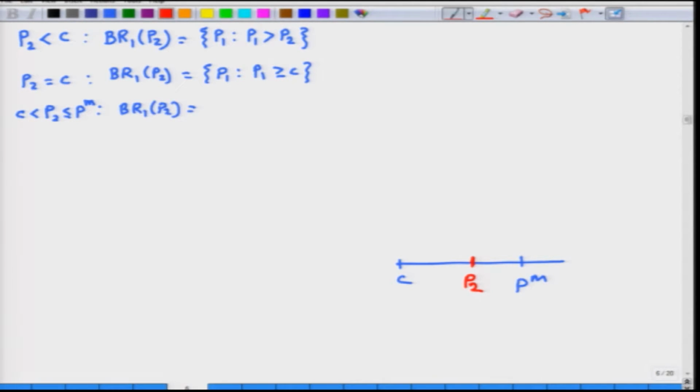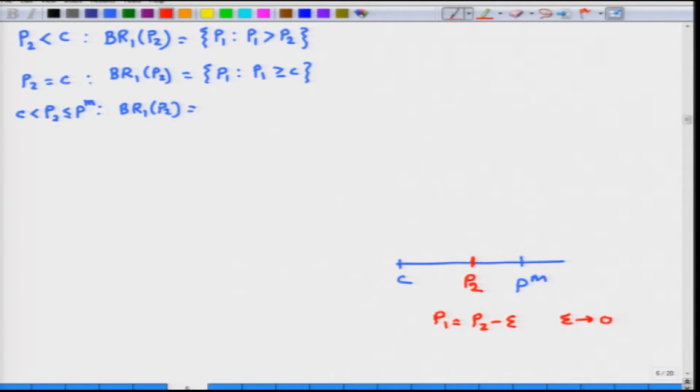Now, what can firm 1 do? Well, because firm 2's price is greater than C, firm 1 can essentially choose a price P2 minus epsilon, where epsilon is a number which is tending to 0. So, if I undercut firm 2 by a tiny bit, then I am pricing below what firm 2 is charging. So, I am going to get the entire market demand and my profits are going to be positive.